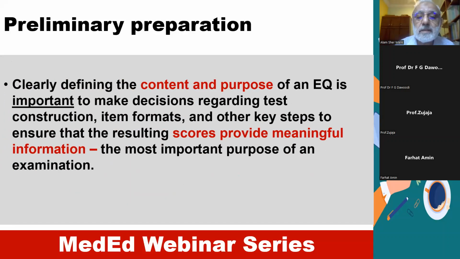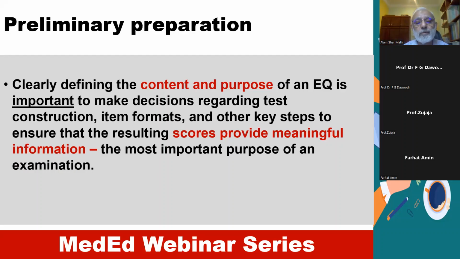Now, this is a very important statement here. Clearly defining the content and purpose of an essay question is important. Content and purpose help make decisions regarding test construction, item formats, and other key steps to ensure that the resulting scores provide meaningful information.